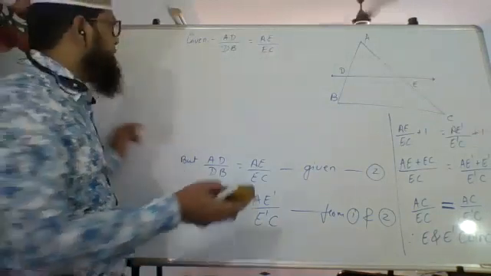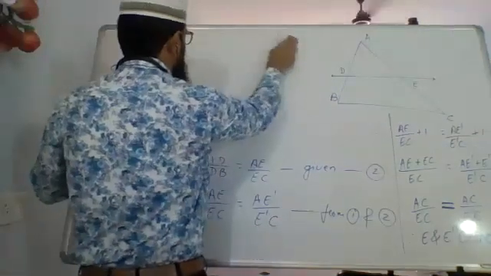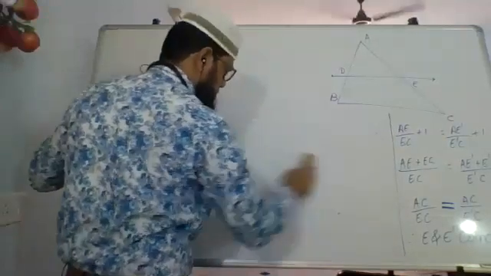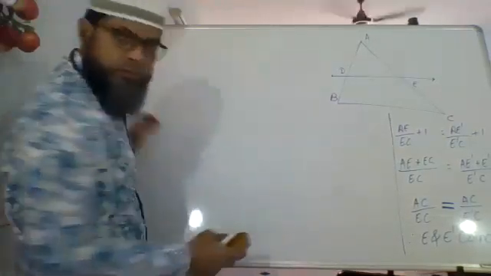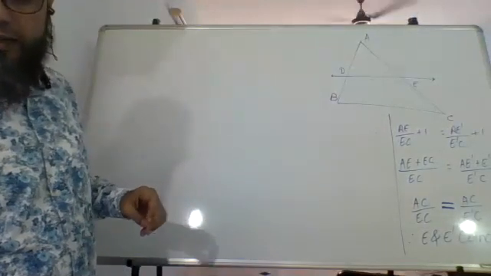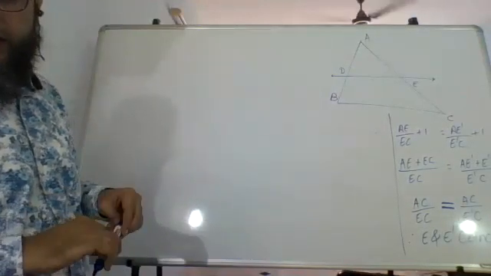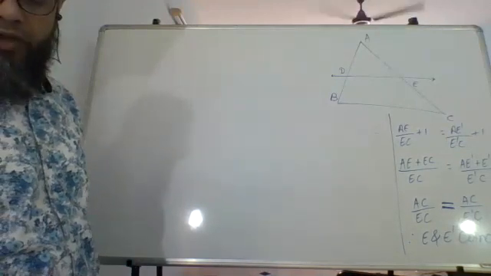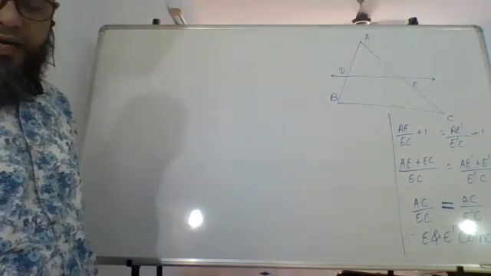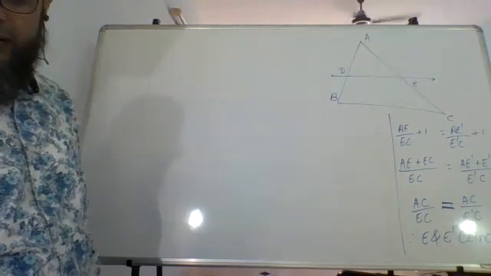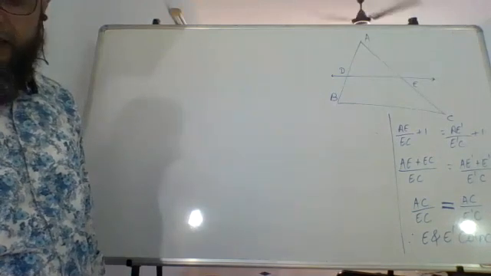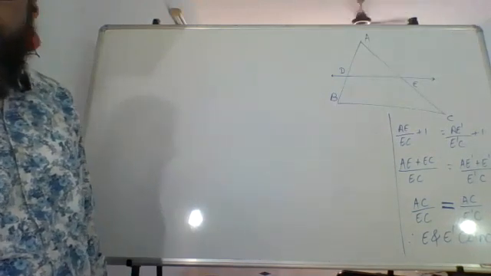If a line intersects sides AB and AC of triangle ABC at D and E respectively.